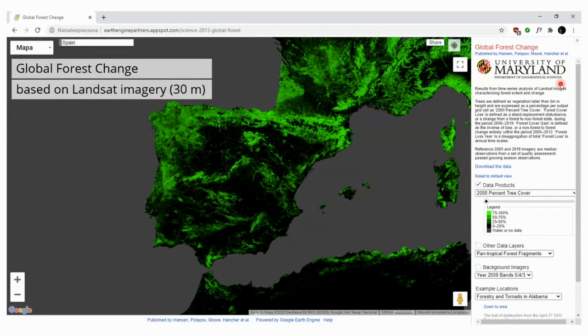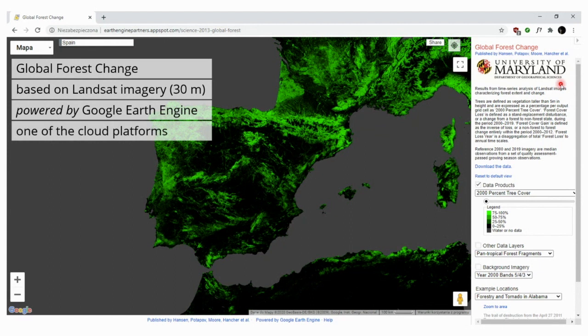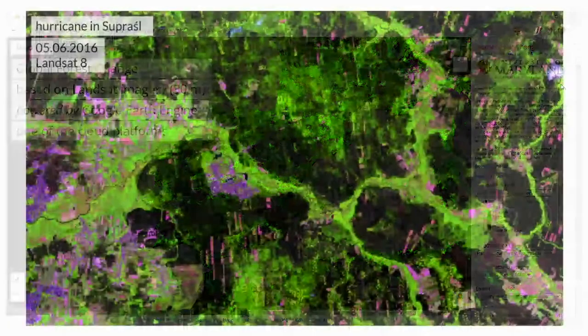So we can go back really a long way, like 40 years from now, to make a very deep, historical archival analysis. It's powered by Google Earth. That's one of the cloud platforms. We will talk about cloud platforms in a minute.